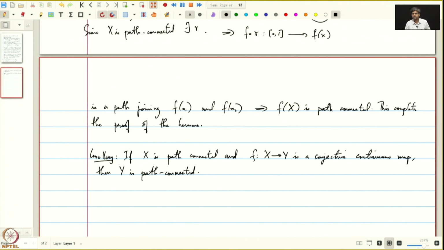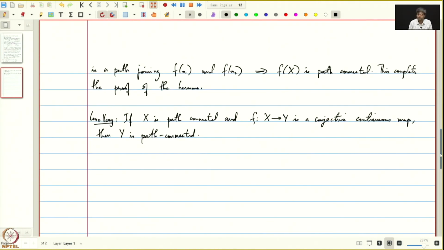Right? This corollary is immediate because since f is surjective, it follows that Y is equal to f of X, and now we just use the previous lemma. So as a corollary of this corollary, we have these nice applications.